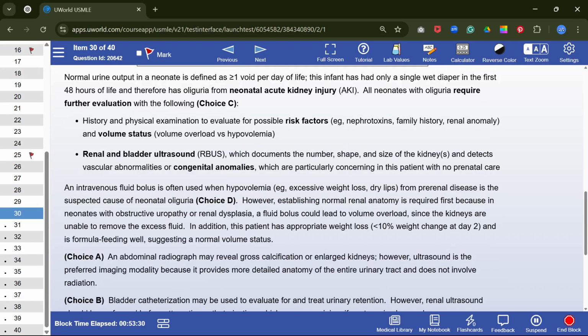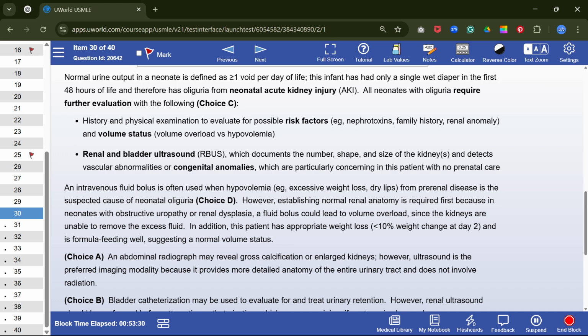An intravenous fluid bolus is often used when hypovolemia, excessive weight loss, dry lips, or prerenal disease is suspected as a cause of neonatal oliguria.